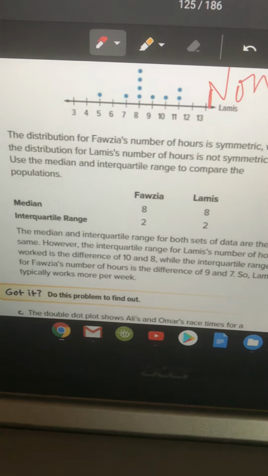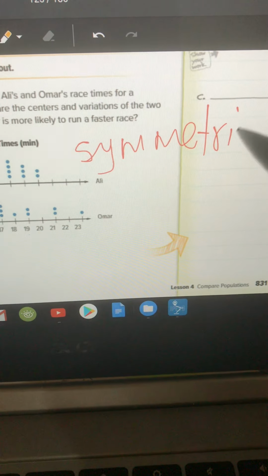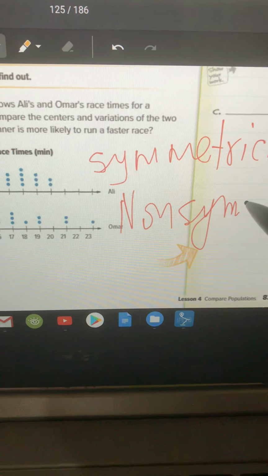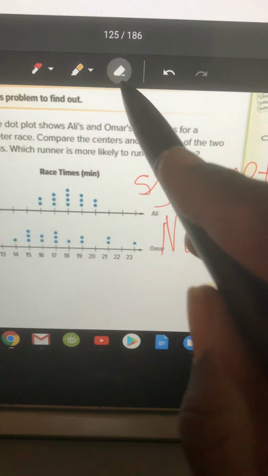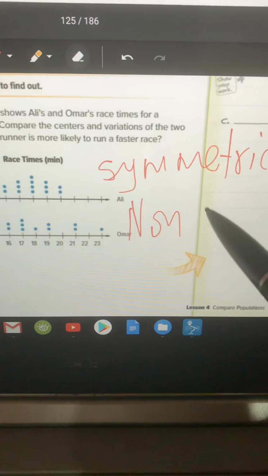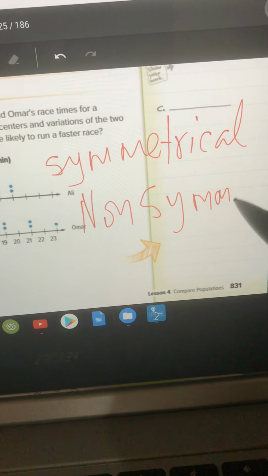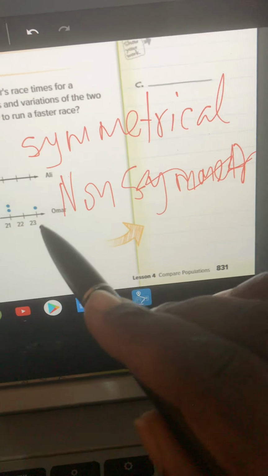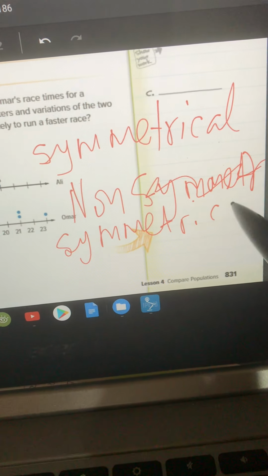So what do I have? This is symmetrical. And this is non-symmetrical. I told you, this is step 1. There's an M over here. This is non-symmetrical.